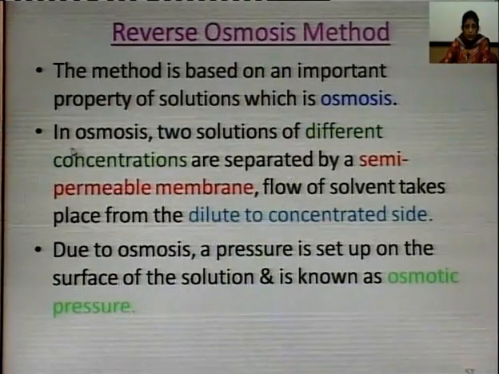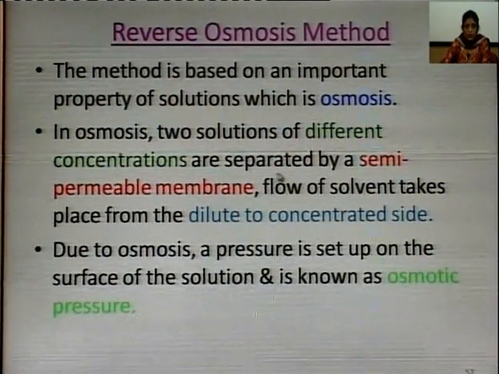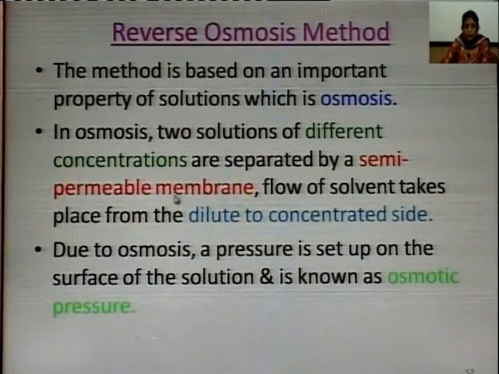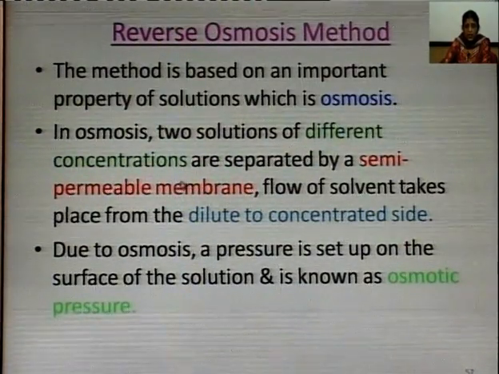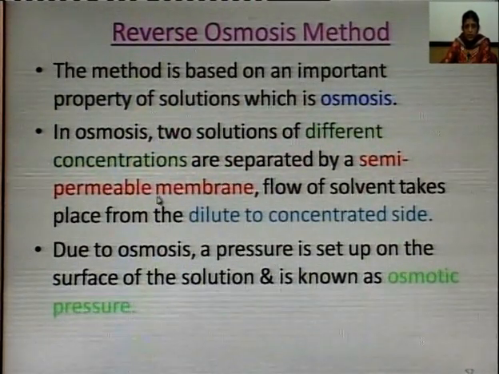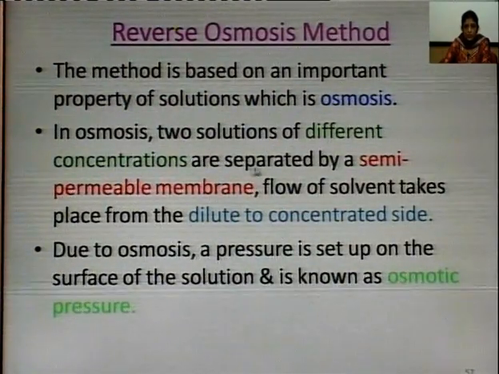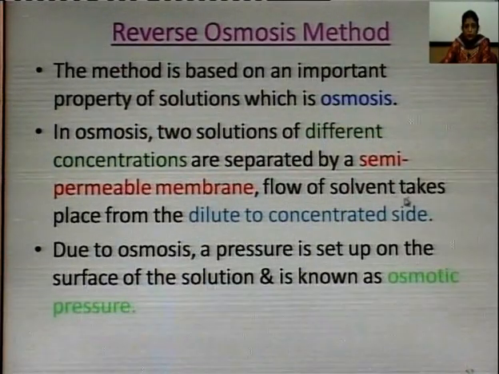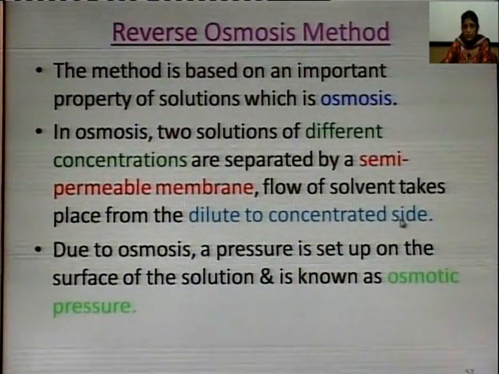What is osmosis? Two solutions of different concentrations are separated by a semi-permeable membrane, a membrane which allows only the entry of water particles, and all other particles are retained by this membrane. Flow of solvent takes place from the dilute to the concentrated side.